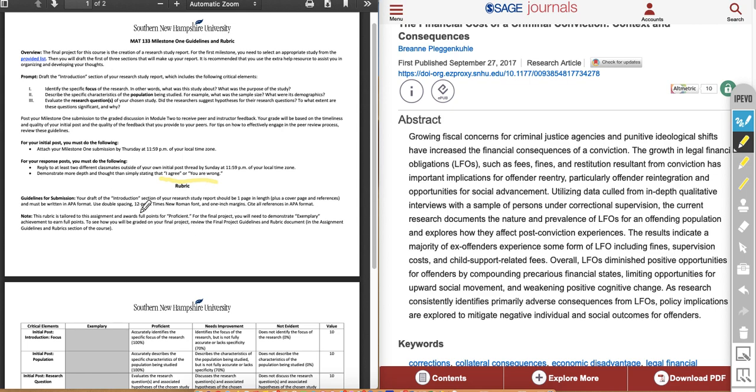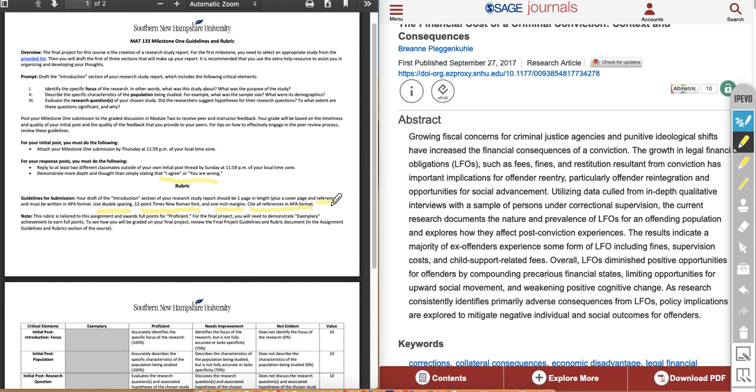So the guidelines for the submission: the introduction section, 1 page plus the title page, and references. So references would be on a whole separate page, and it must be written in APA format. Use double spacing, 12 point Times New Roman font, and 1 inch margins, and cite all references in APA format.